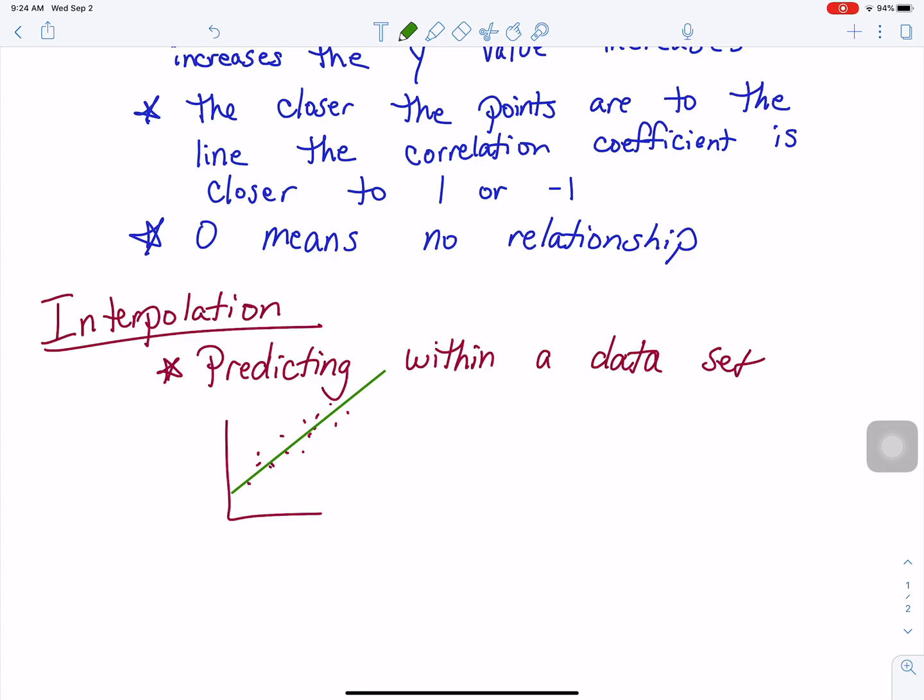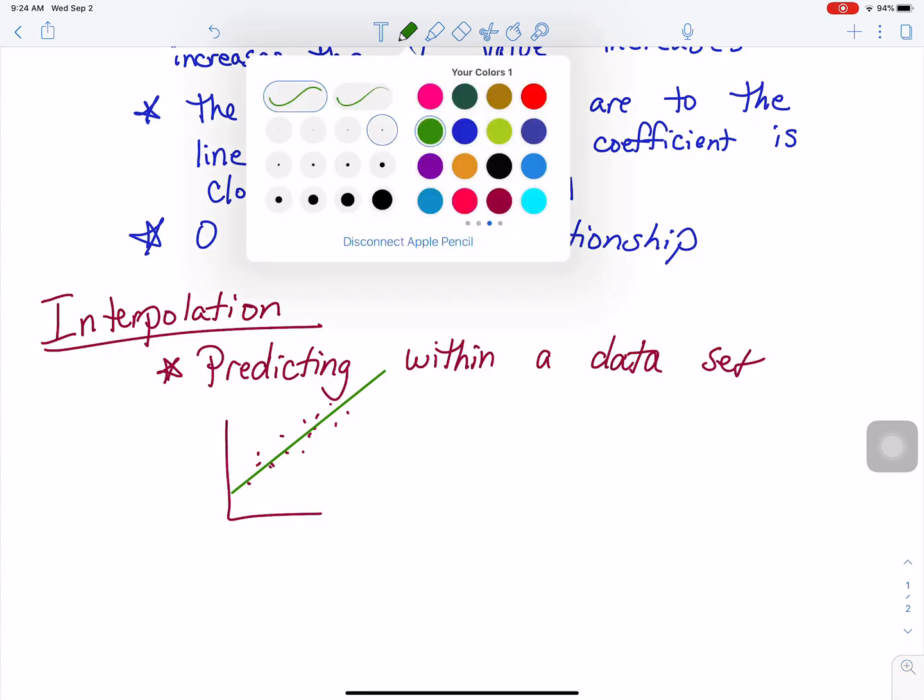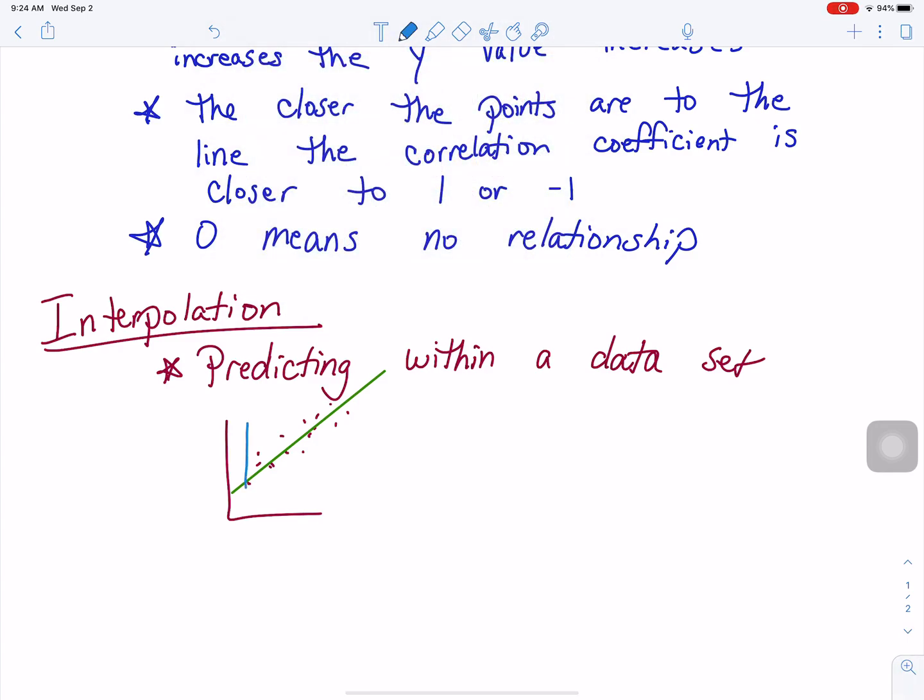If I am using interpolation, that means that I'm going to be looking at any value in this box, because that's where my points are. So if I was going to predict for this piece here, that's interpolation, because it is within points, it's surrounded by points, and that can give me more accuracy.